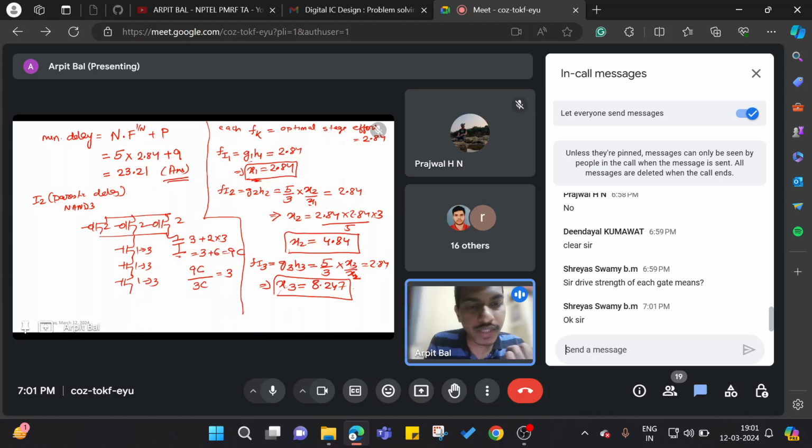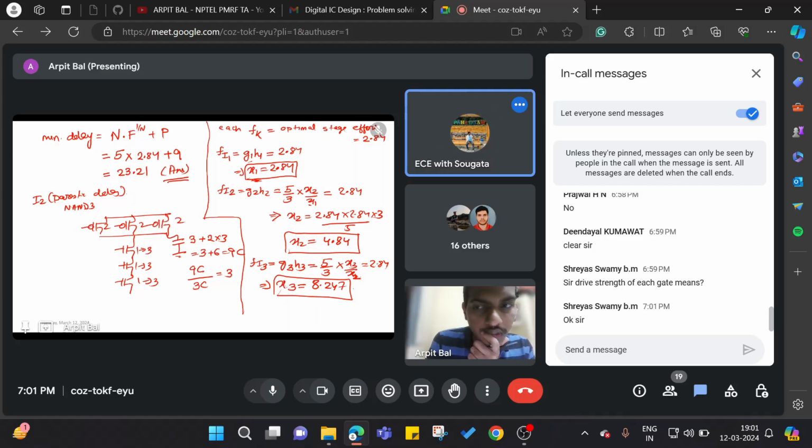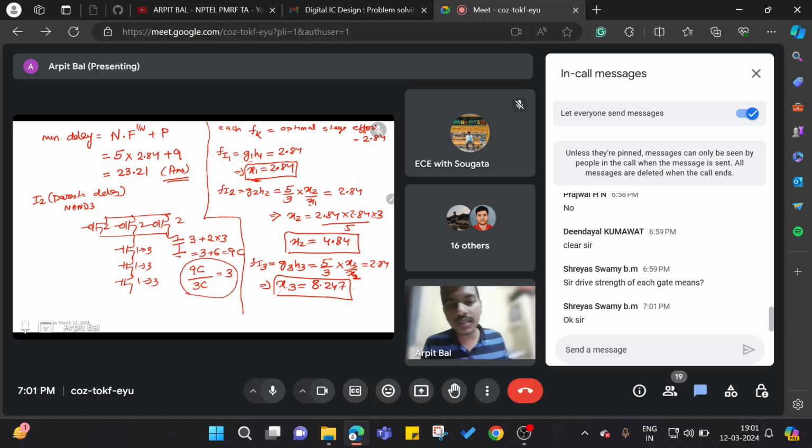Every calculation that we did today was relative and normalized, not the absolute value. Why multiply by 3C? Because here we have divided everything by 3C, to make it normalized with respect to the inverters.